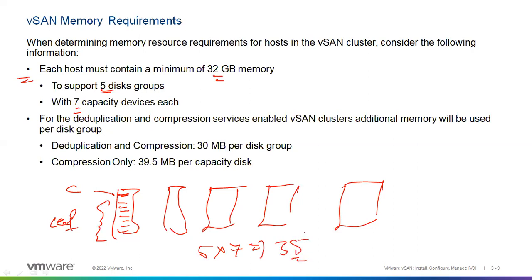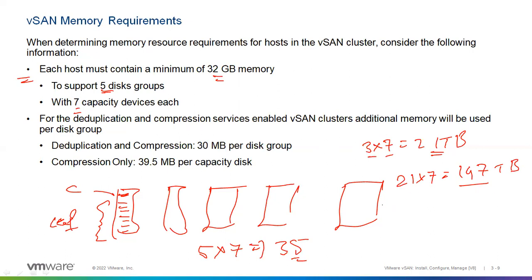So if we take numbers, for example, one disk size is 3 TB. 7 3s are 21, so I am getting 21 TB raw capacity from each disk group, and I will multiply 21 by 7. 7 twos are 14, 7 times 21 is 147. So I am getting approximately 147 TB only from one node, correct?